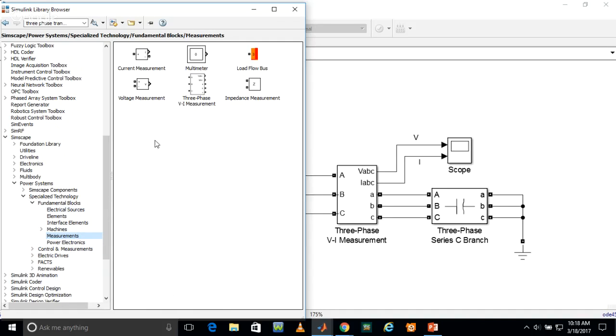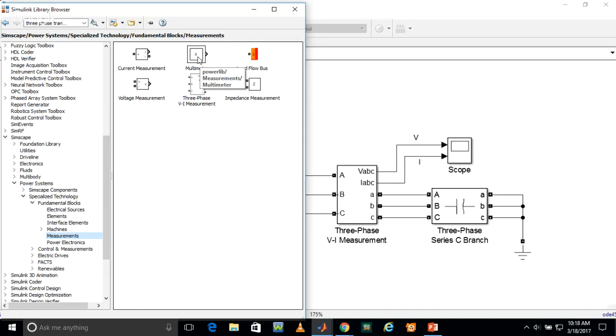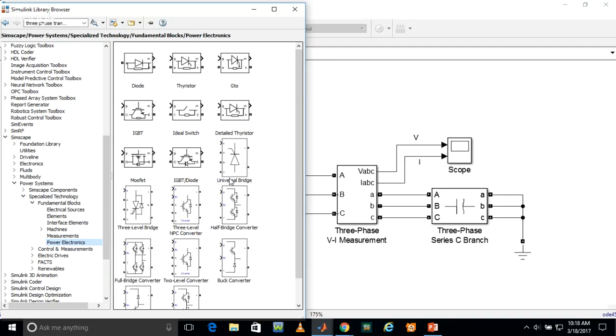In the Measurements block we have the three-phase VI measurement that is present in our model, and also the multimeter, the voltage measurement device, the impedance measurement device, and the current measurement device. We are going to use the voltage measurement device and the three-phase VI measurement device along with the multimeter in our model. In Power Electronics we have the universal bridge, which we will use most of the time.